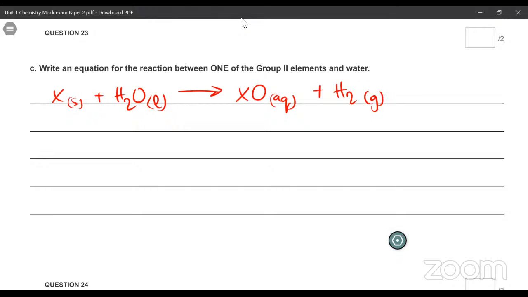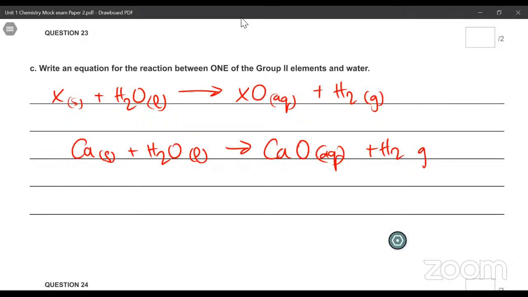All right? So let's use calcium as an example. So calcium plus H2O liquid would be CaO, calcium oxide, and hydrogen gas. And you're supposed to get 2 marks. All right.